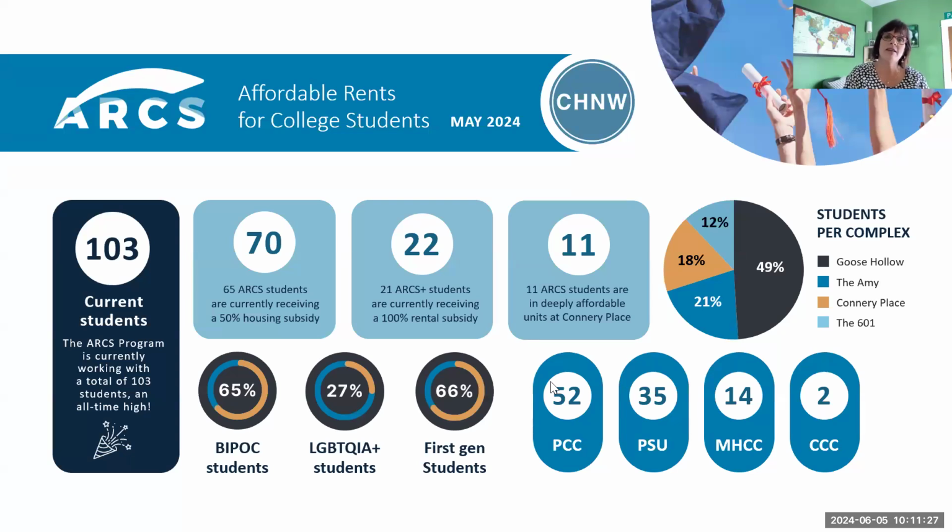The way it came about is that we got a grant from the ECMC Foundation to create our data infrastructure and build our systems so that as we grow, and we're growing pretty quickly, we're able to tell the story of what's happening in our program and for our students.